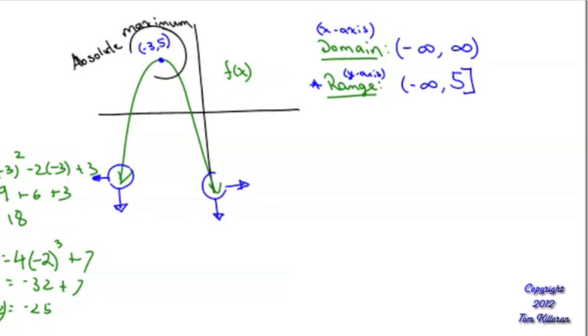And when you answer, if I ask you what is a max or a min, you would say the absolute max happens at -3, 5, when x equals -3, with a value of y equals 5. When you're talking about absolute maxes or absolute mins, you have to say, number one, where it happens, and number two, the value it obtains. What's the y-coordinate, basically.